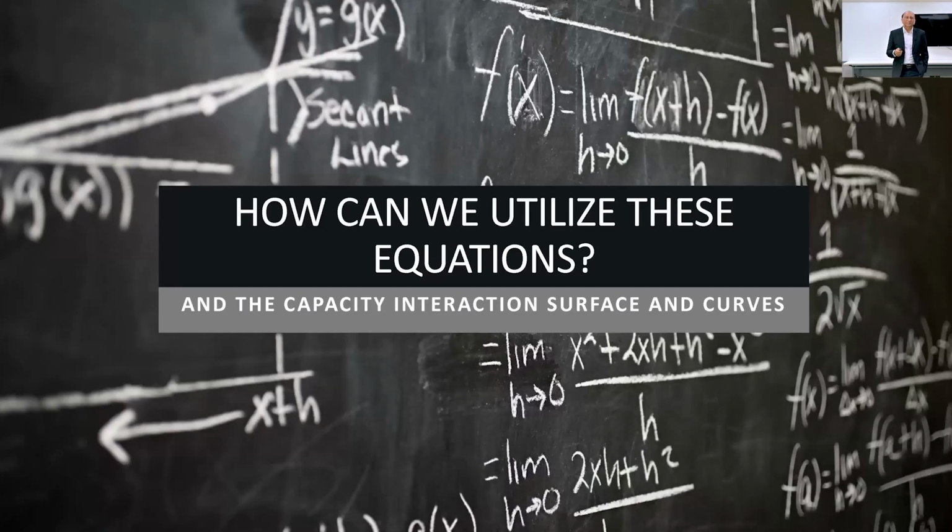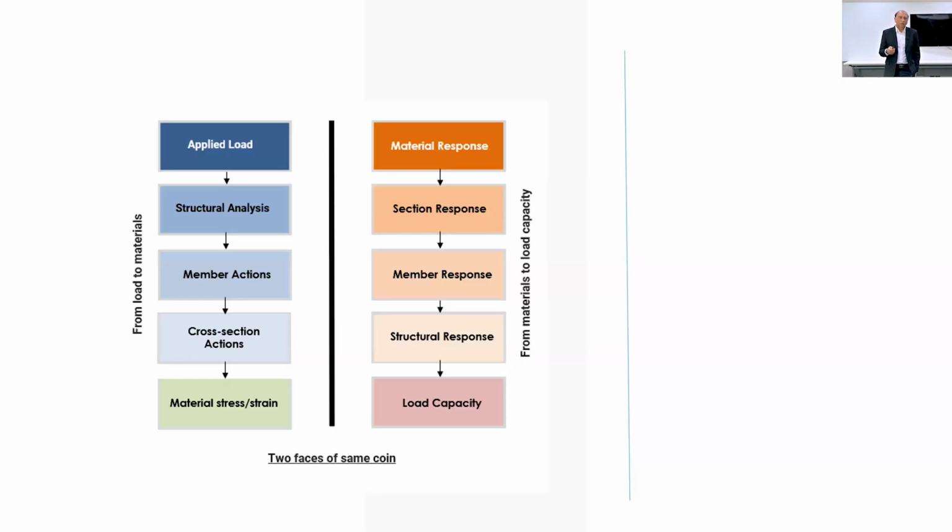So we utilize these equations, as I said, as tools for capacity check. Basically, we compare the section response with the cross-section action determined from the analysis, like I showed you earlier, Mu versus phi Mn, or Pu versus phi Pn, and so on.